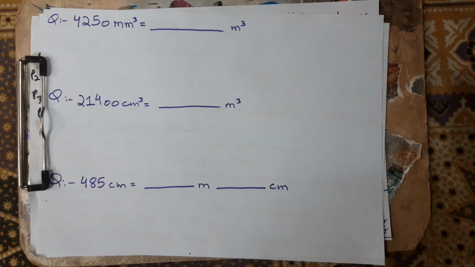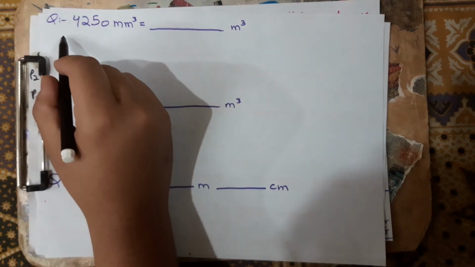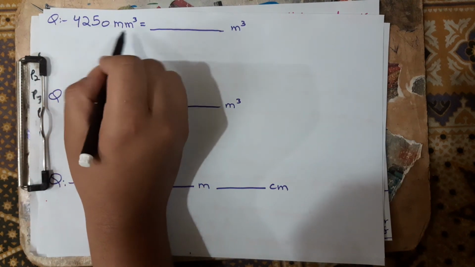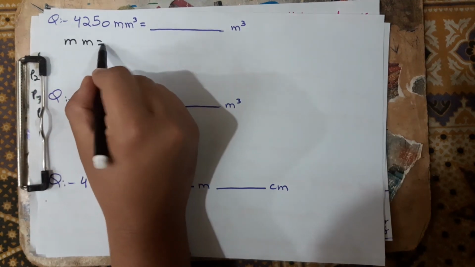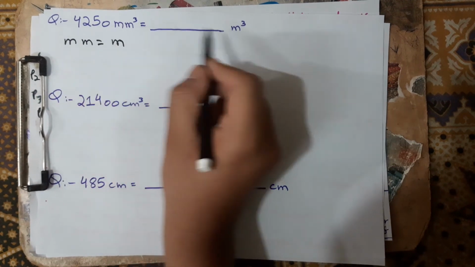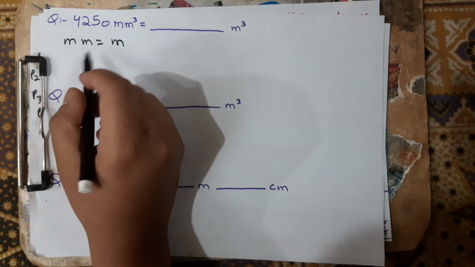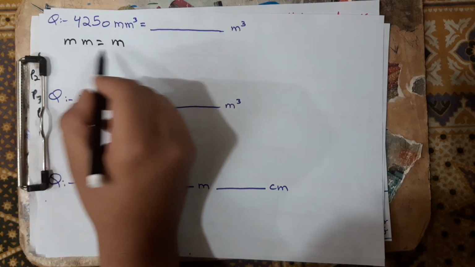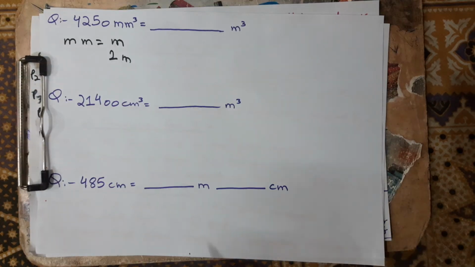Now coming to our third question, I will just do it straight away. We will write down the given value on the left hand side, and this value on the right hand side. So now you know that 1 meter is equal to 1000 millimeter.